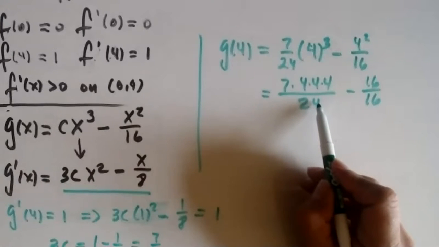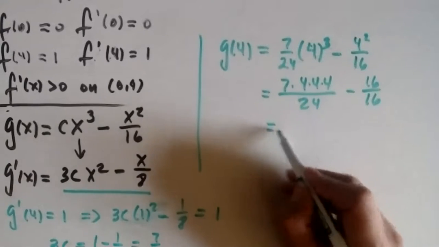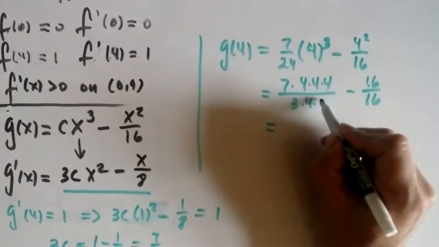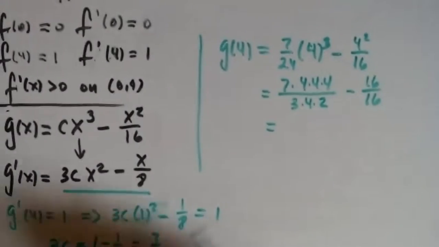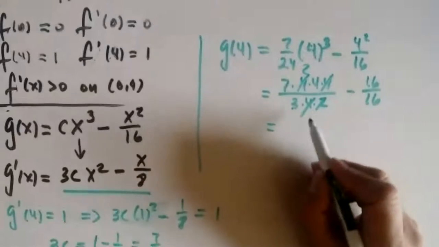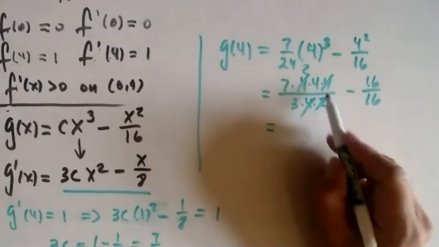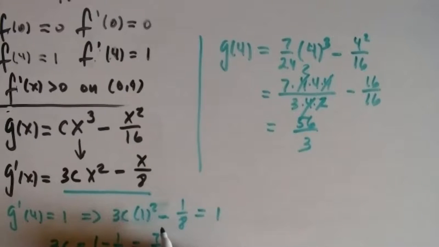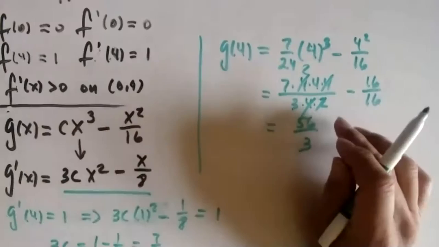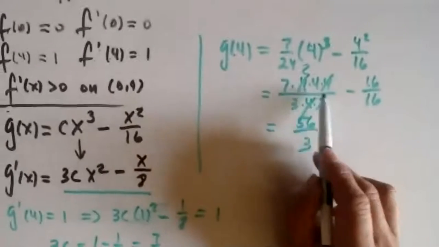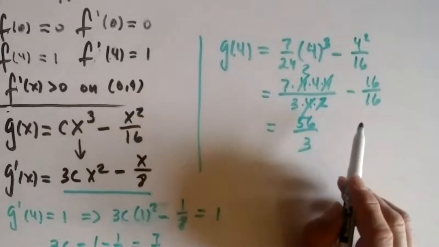Here, let me just reduce this one. 3 times 4 times 2, correct? I cancel a 4, I divide by 2, and then I have 56 over 3. 7 times 8 is 56.